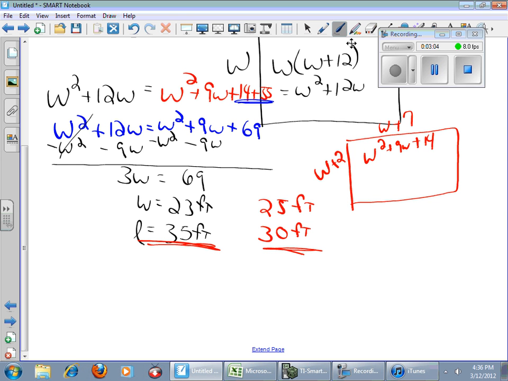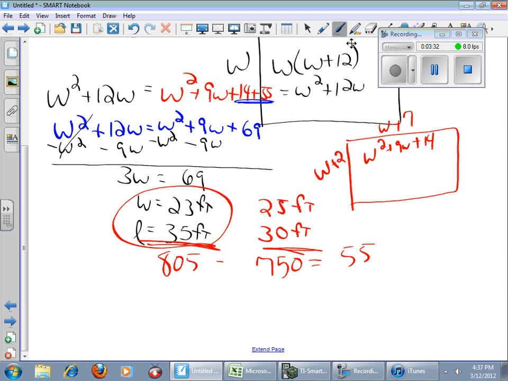And sure enough, if I multiply 23 times 35, I in fact get 805. And if I multiply 25 times 30, I get 750. If I subtract those, sure enough, I will get 55. All right, so I know the original dimensions are 23 feet by 35 feet.